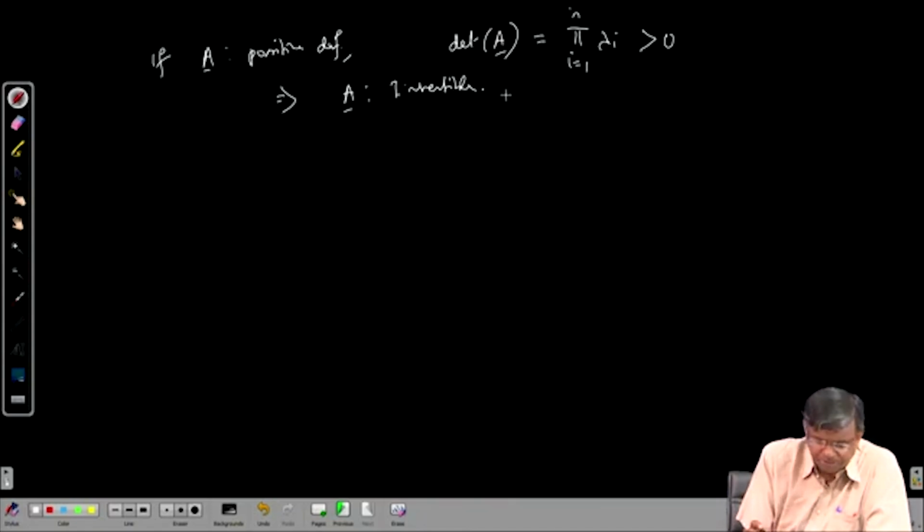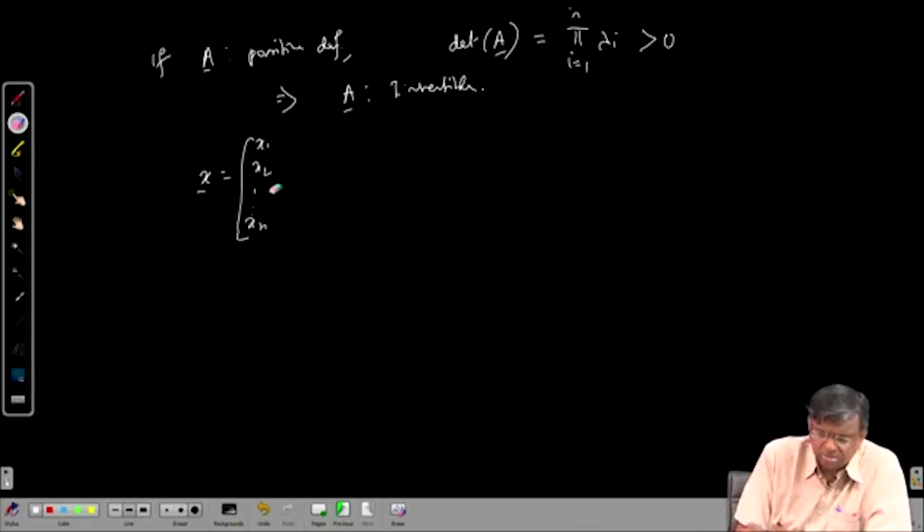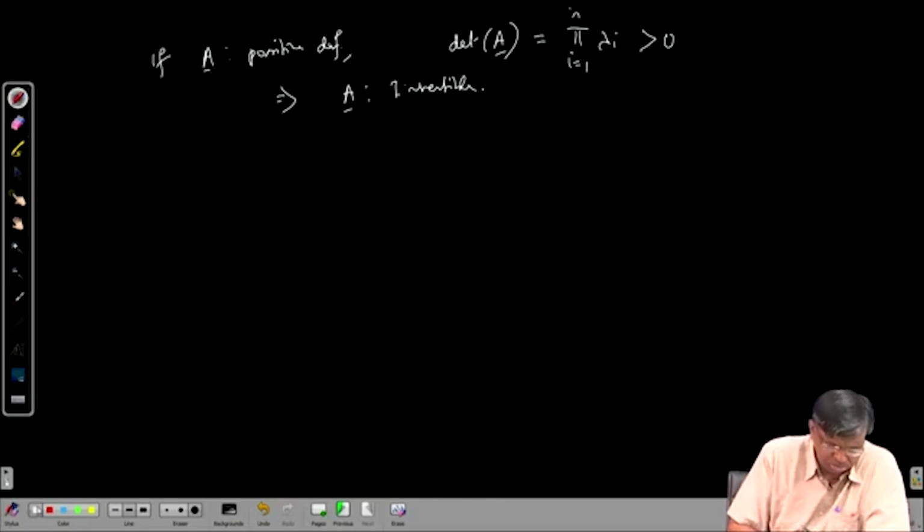All right. Now, consider a correlation matrix. Suppose I have a vector of random variables, or maybe I change the notation. I have U, a random vector.